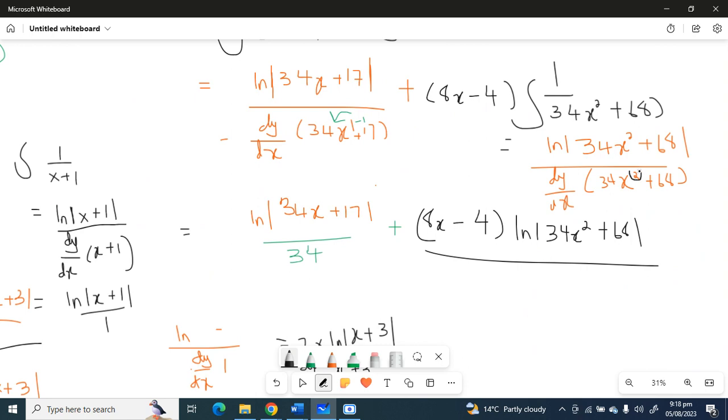So you say the exponent multiplied by the coefficient. 2 times 34, that is 68. 2 minus 1, that is 1. So you have 68x to the power 1. Right? These other 68 here, as I said, when you're deriving constants, they just go. So this should be your answer.